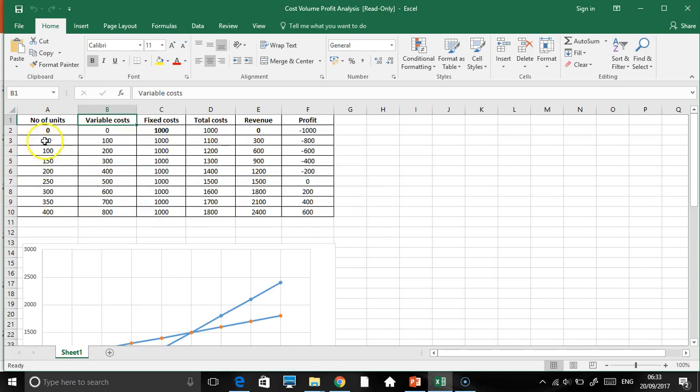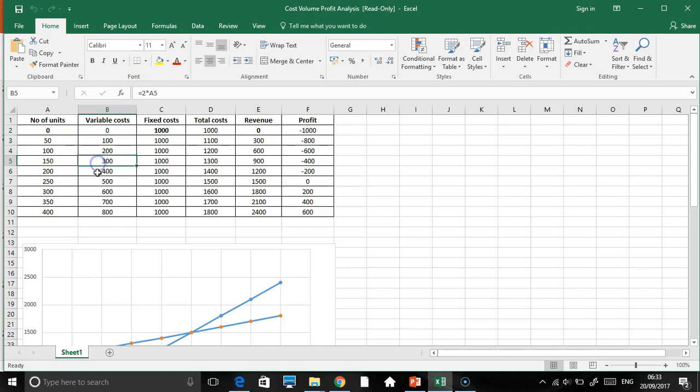In this scenario, we know the break-even is about 250. So I can plot a graph of units starting at 0 and go up in 50s, extrapolating up to 400. I know the variable costs, of course. In my column here, that's the variable cost of £2 times the number of units.